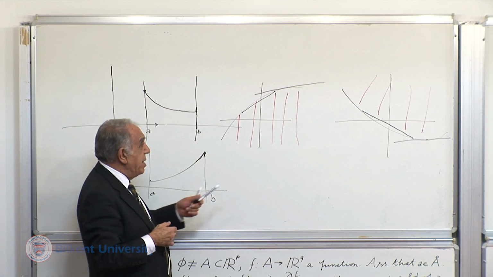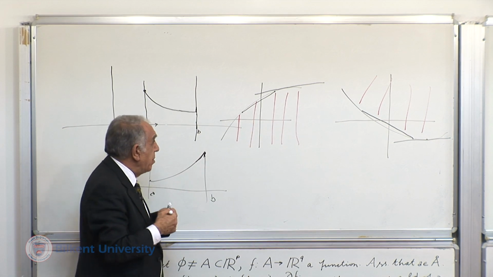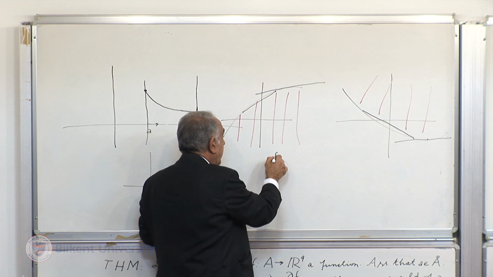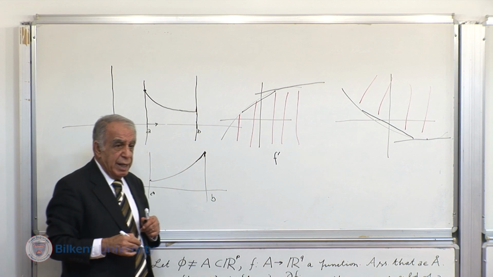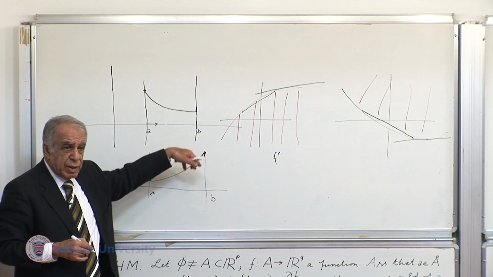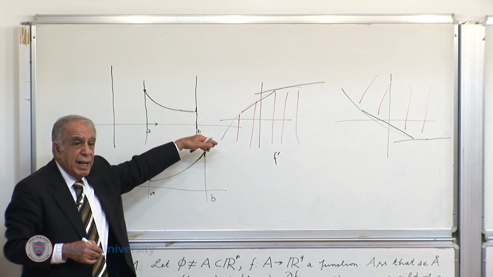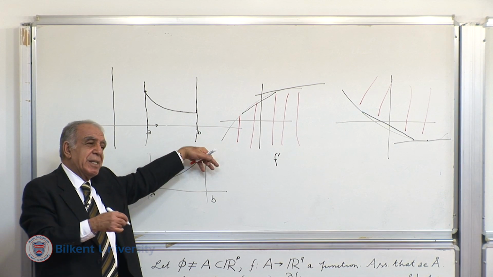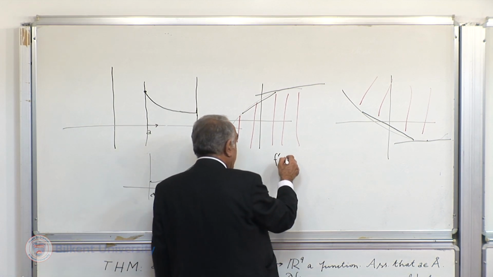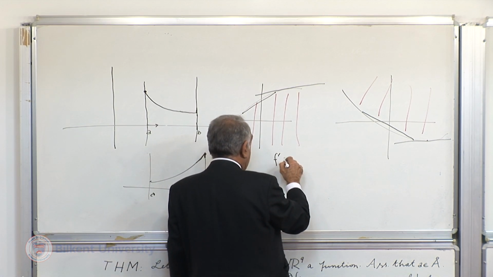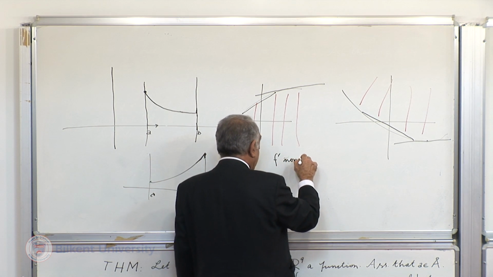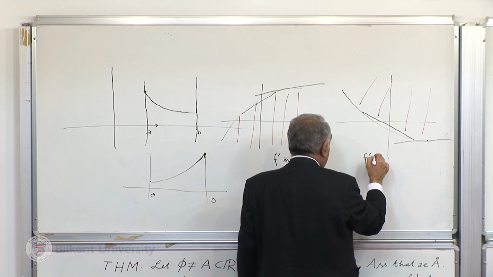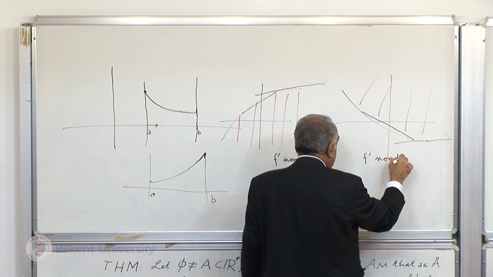If it's differentiable not just at a particular point, but everywhere, then the slope will be non-increasing. If it's decreasing, then this will be strictly concave. So this will be f prime non-increasing. Here, it will get larger and larger, f prime non-decreasing.